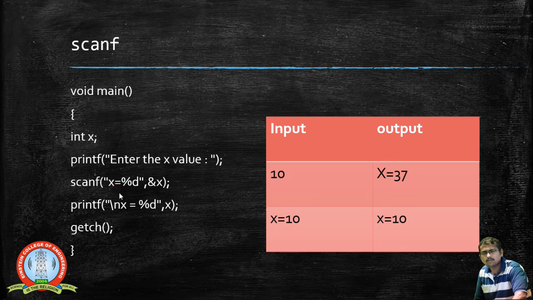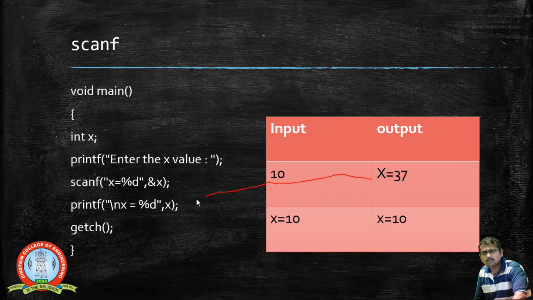Inside the scanf statement we normally use only the control string like percentage d, percentage i, but now in this case I am using x is equal to percentage d. Now if I use x is equal to percentage d, and give an input as 10, then the value of x printed here will be 37.